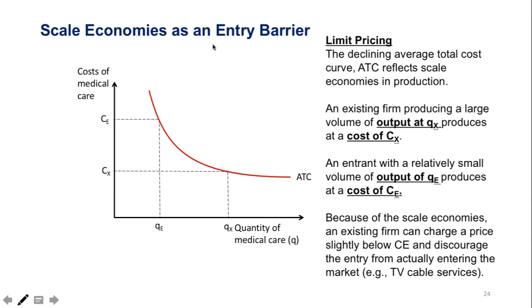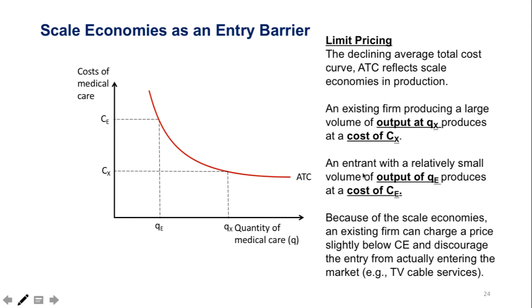And maybe there are scale economies as an entry barrier. So this is the cost of medical care, and this is the quantity of medical care. In some production, the average total cost is decreasing as the total production increases, and we call that scale economies.